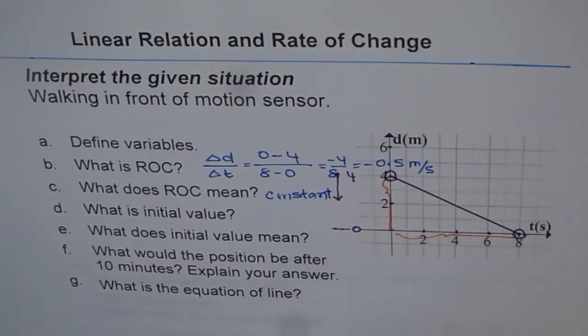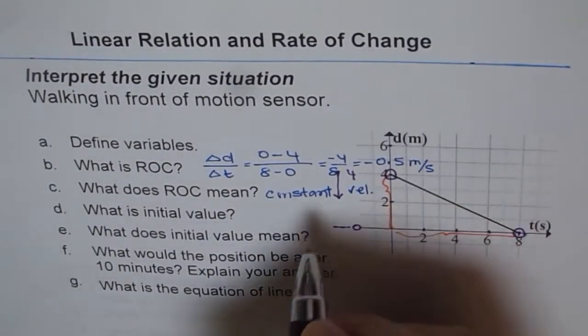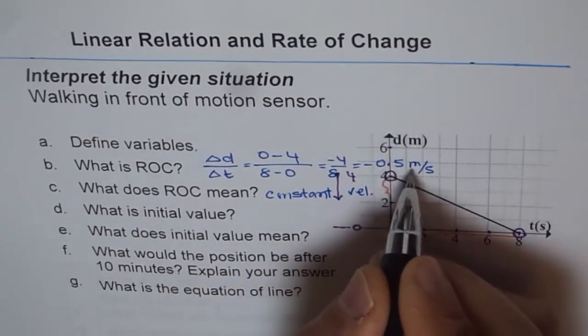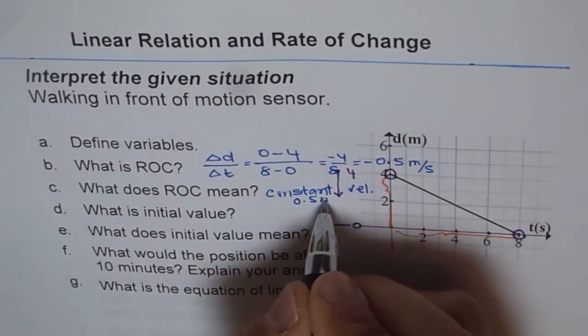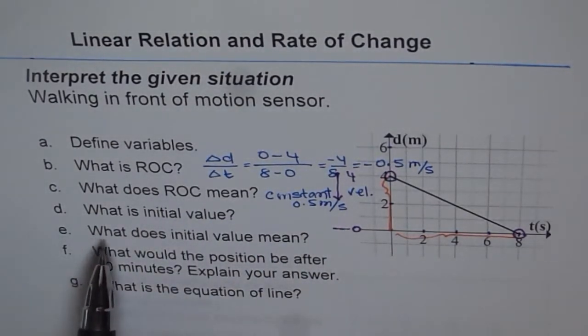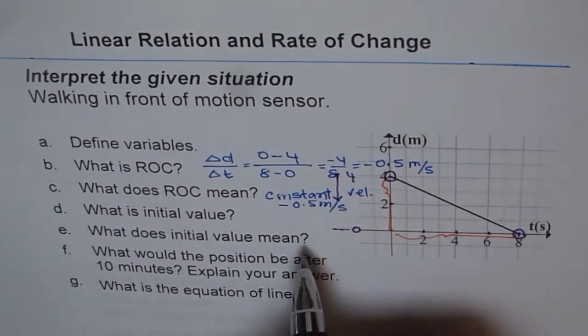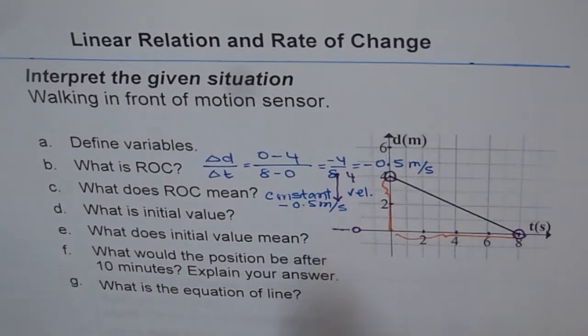If you use the word speed, then you say constant speed of approaching at the rate of half meters per second, or you can say constant velocity of minus 0.5 meters per second. So with velocity you can write minus, with speed you can write 0.5 meters per second approaching. Approaching indicates that the distance is decreasing with time.